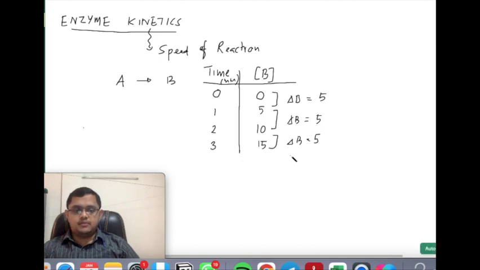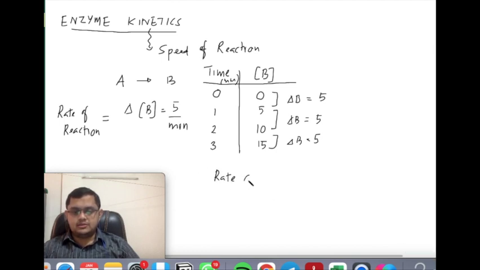So from this experiment, we come to the conclusion that at every minute your delta P is changing by 5 per minute. This is the speed of the reaction, right? This we also call the rate of reaction.